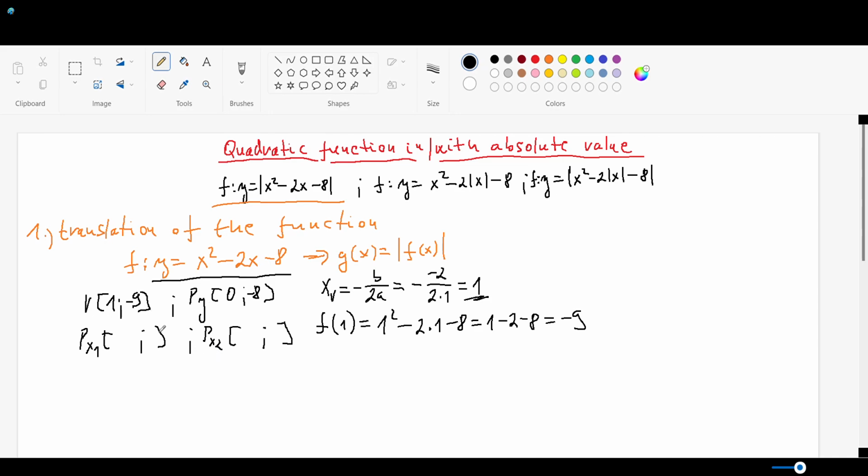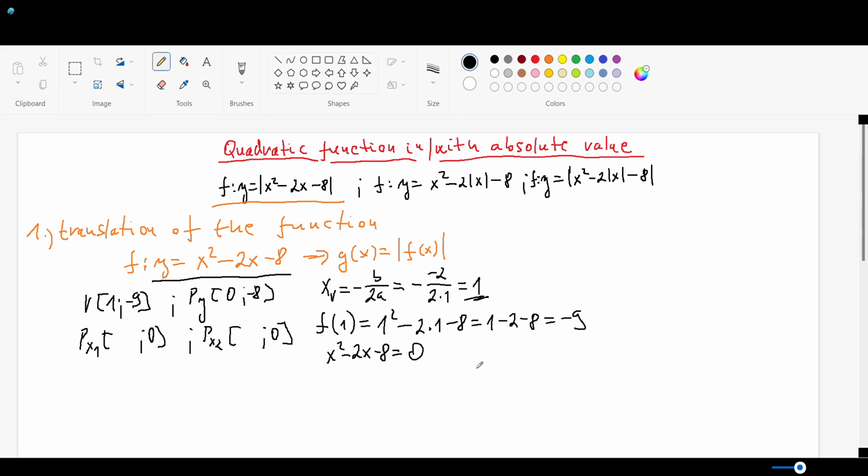We have these 2 points now of the parabola, and it's quite a clever idea to calculate the intercepts with the x-axis. For finding these intercepts, we know that their y values are equal to 0. So we have to solve a simple quadratic equation, which is x squared take away 2 times x minus 8 is equal to 0. You can do it in 2 ways.